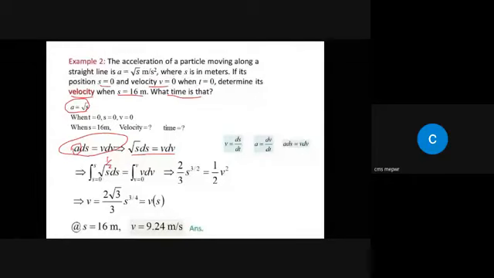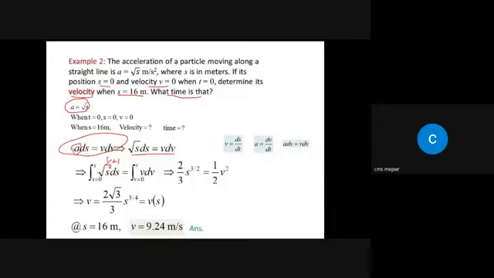So in this case we have displacement and velocity, so we integrate that equation. For the integral, the rule is whatever you have in the power, add 1 to it and divide by the same.